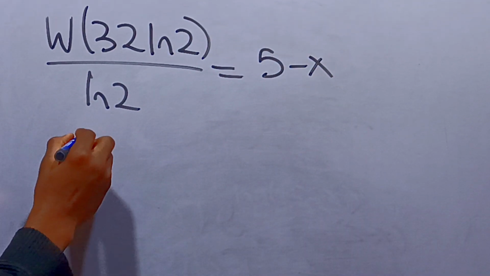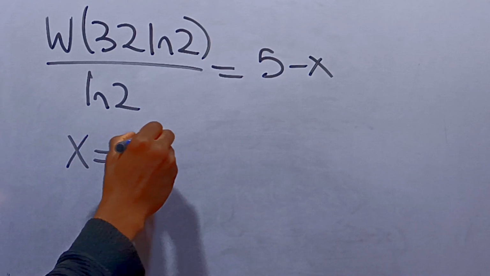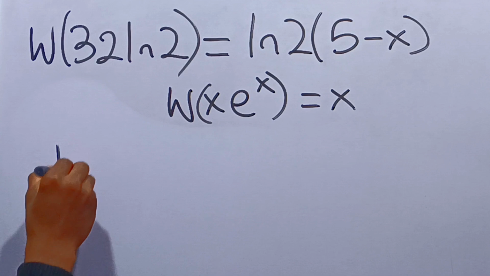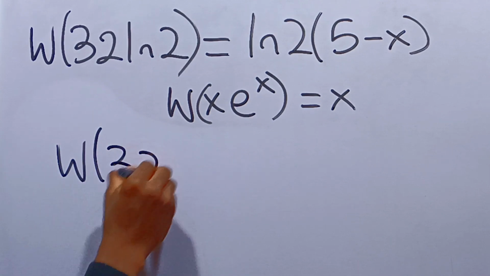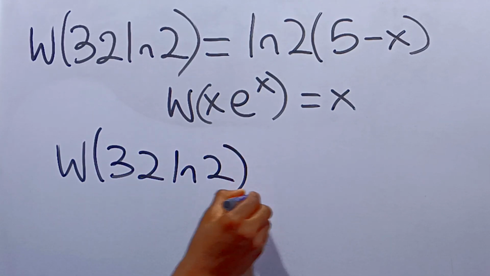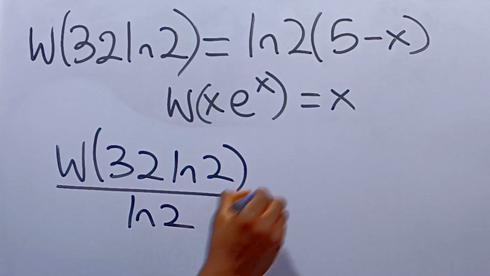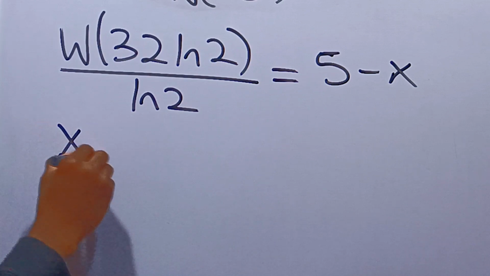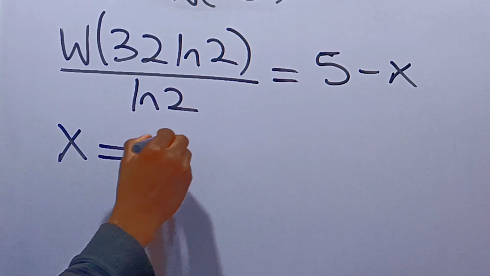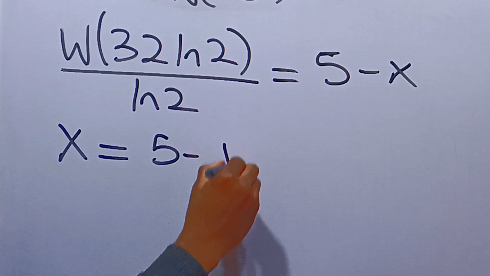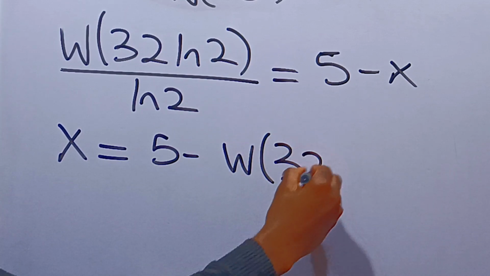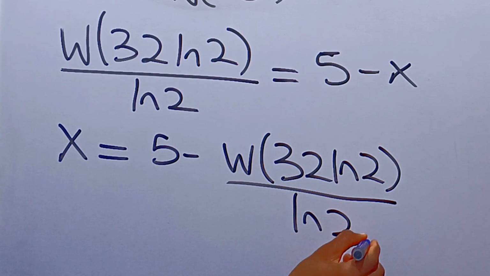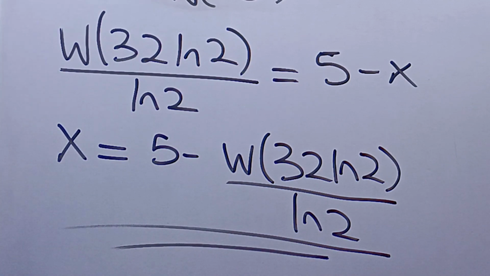Hence our x will be equal to 5 minus W of 32 ln of 2, divided by ln of 2. This becomes the final answer to this question.